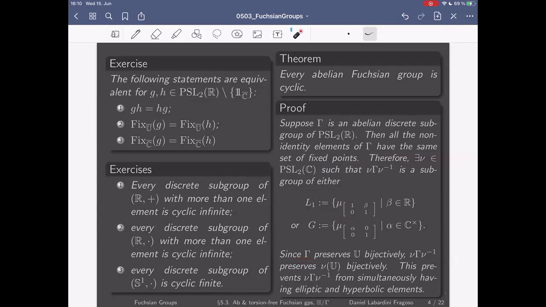So gamma preserves the upper half plane bijectively, and that means that the image of the upper half plane under this conjugating element nu is preserved by this subgroup, and this implies that this new group here cannot have simultaneously elliptic and hyperbolic elements.